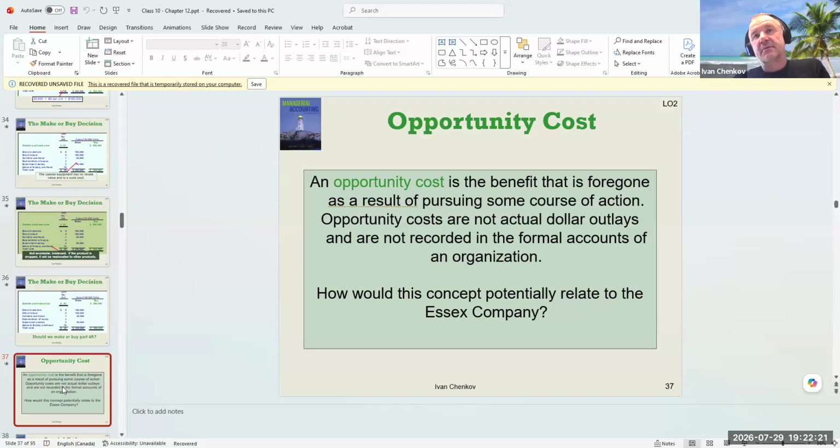It's not an actual dollar outlay, so we don't have to pay for the opportunity cost. And those are not recognized in the formal accounts of the organization, but it needs to be considered.